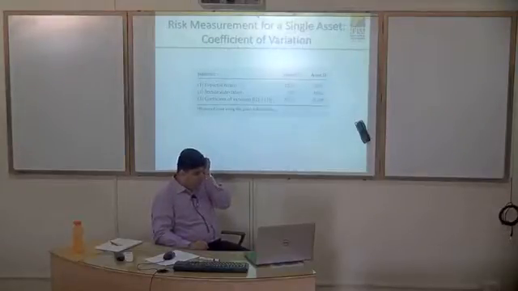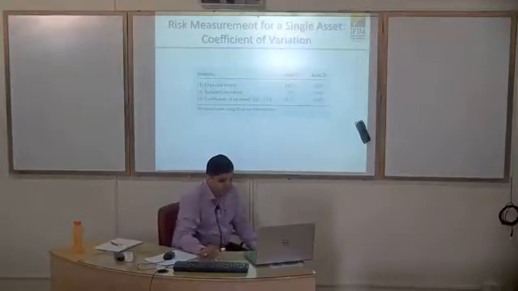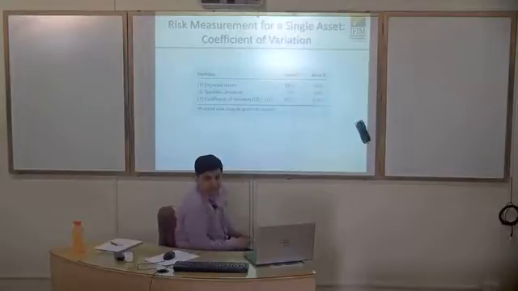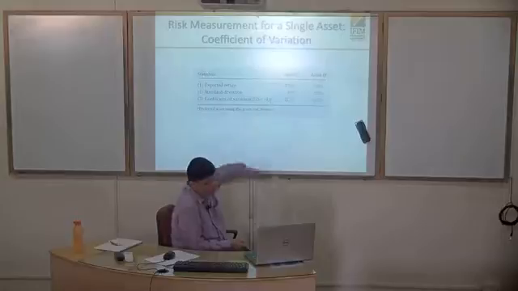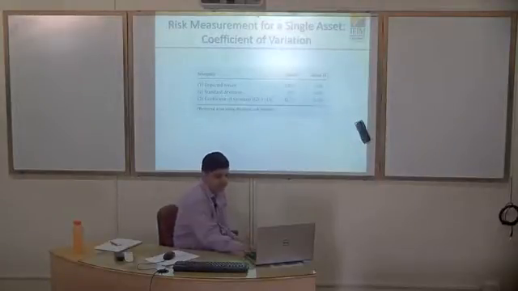For the other, 20% and 10%, 10 divided by 20 is 0.5. If you just look at standard deviation as a measure, in this case asset C is better because it's a lot less risky. If you look at coefficient of variation, 0.5 is better because it is less than 0.75. So there are two ways of looking at it.